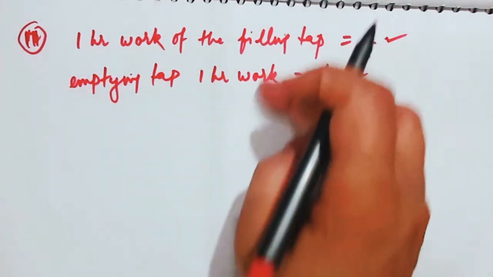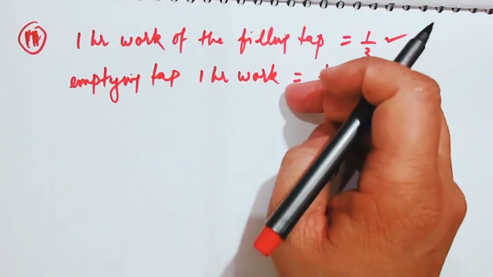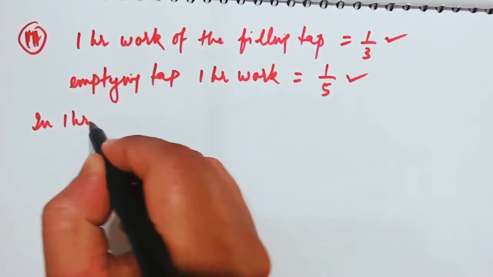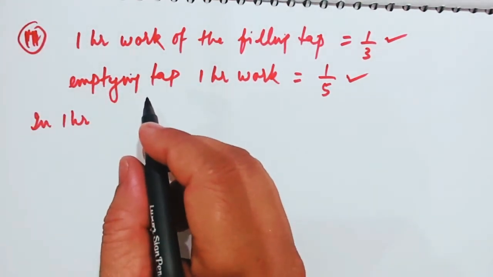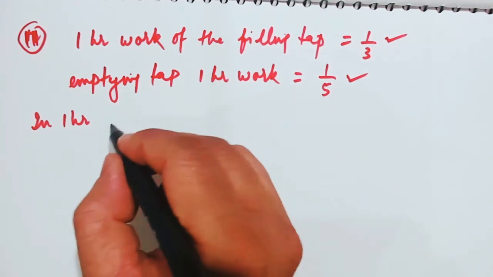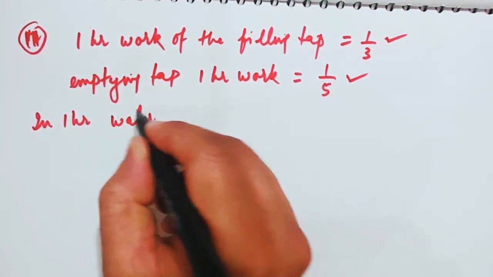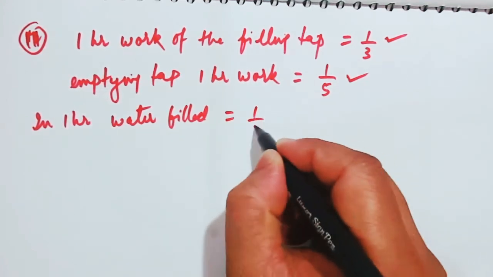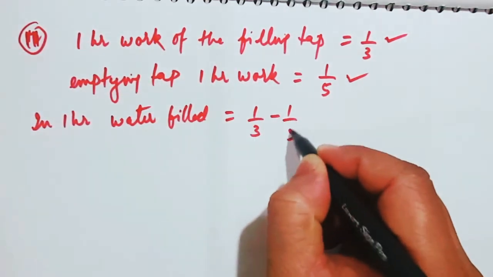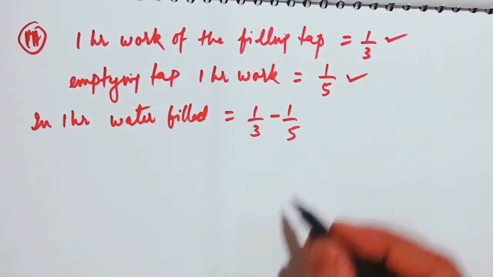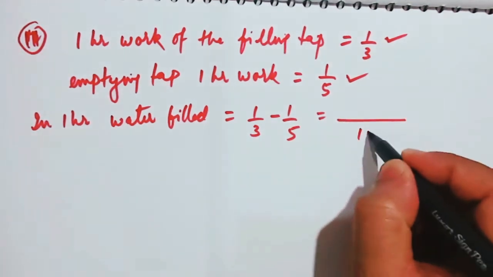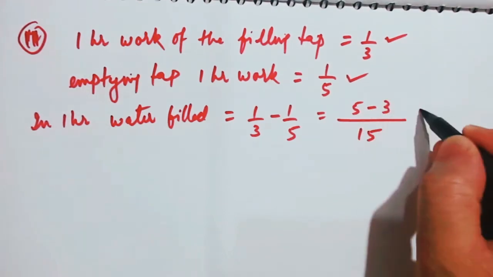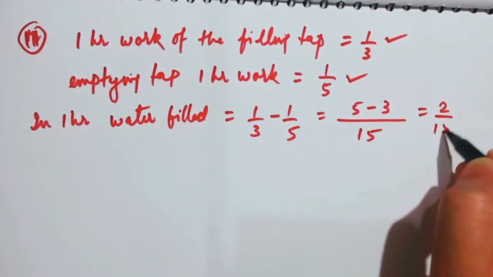So if both the taps are opened, then in 1 hour the part of water filled will be equal to 1 by 3 minus 1 by 5. This fills and this takes out. So this is equal to how much? 15. 3 how many times? 5 times. 5 threes are 15, so it is 2 by 15.